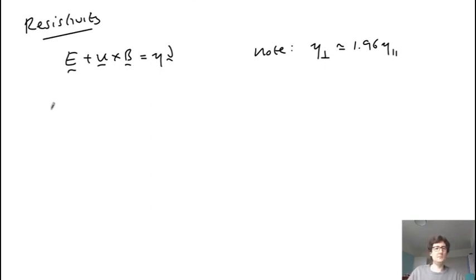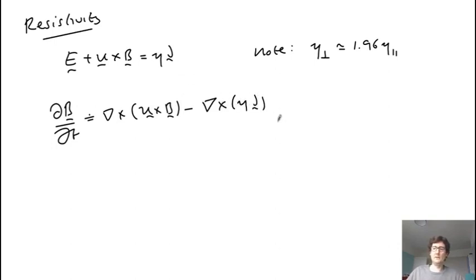And then this is put into Faraday's law. Then we have dB by dt, then we have the curl of u cross B. This is just curl of E is minus dB by dt, and then the second term is the curl of eta j, and then we just use the pre-Maxwell form of j, so we ignore the displacement current, and we just have curl of B. If we assume that eta is constant, then this term becomes roughly eta over mu naught, so eta comes from here, just take that outside.